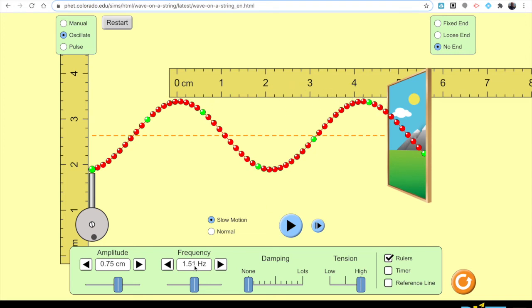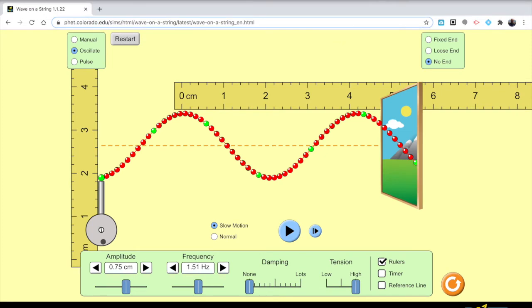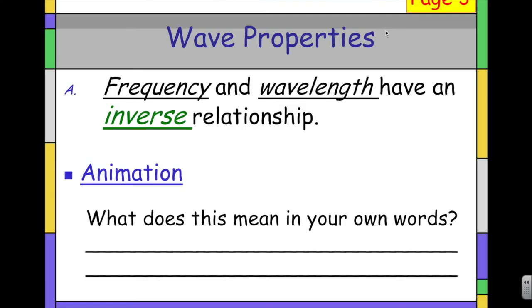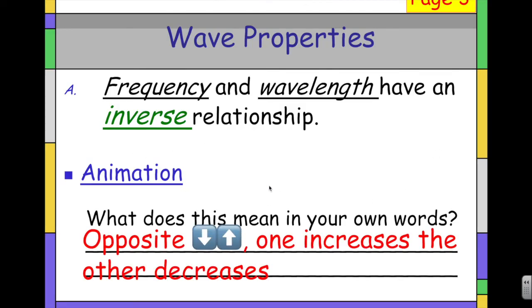So as the frequency goes down, the wavelength is going to go up, in an inverse relationship. See how that works? So they are opposites. One increases and the other decreases.